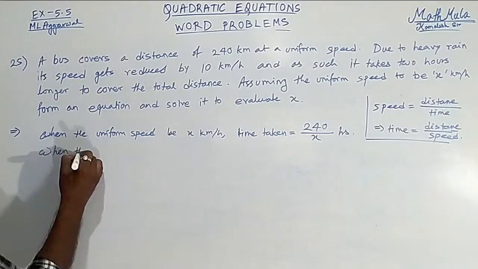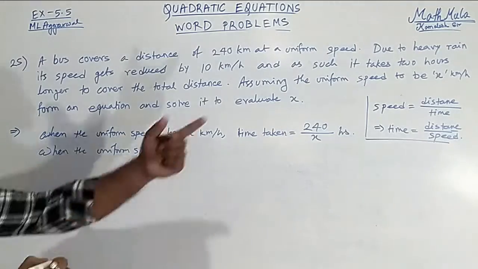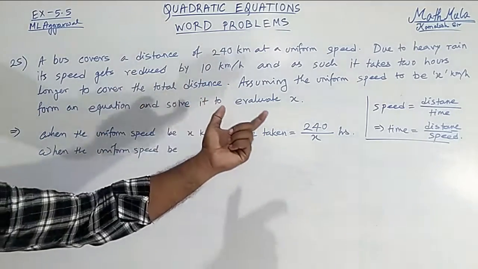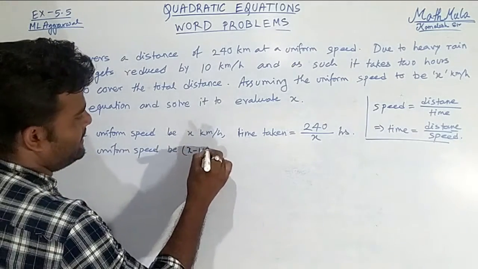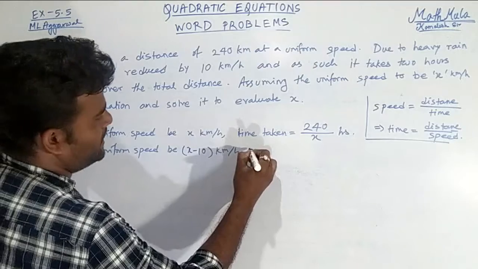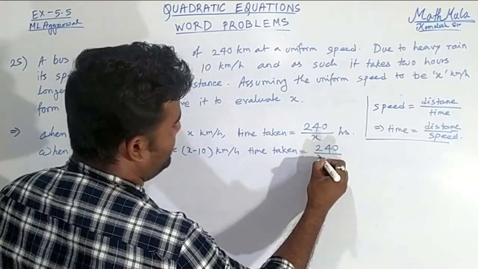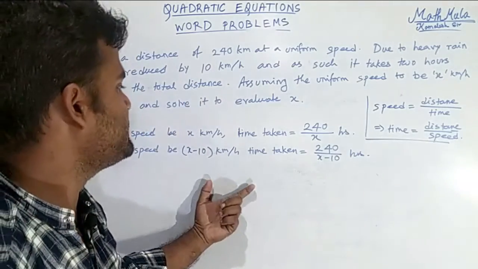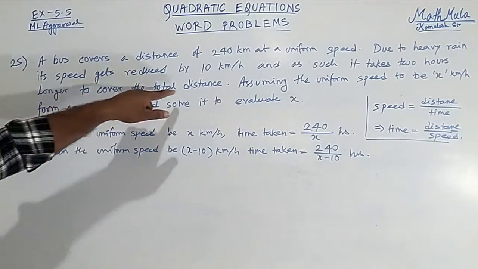Now when the uniform speed is reduced by 10 km per hour, reduce means we just subtract it from the previous speed, that is x minus 10 km per hour, and time taken for the same distance is 240 by x minus 10 hours.